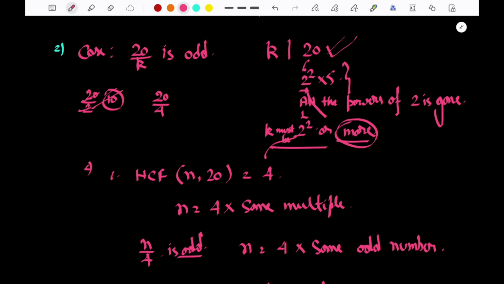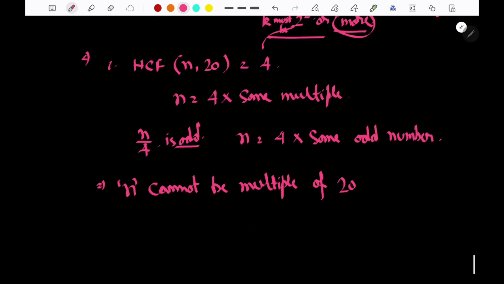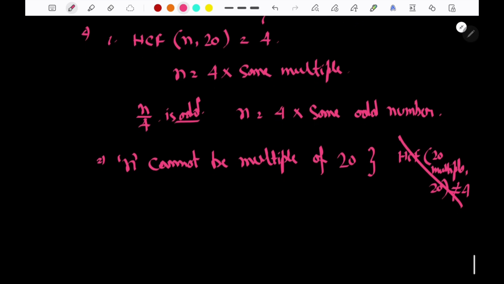That is case 1. HCF of n comma 20 is 4. But if I choose n as a multiple of 20, then HCF of 20 multiple comma 20 will not be 4. So this case will be wrong. So n cannot be a multiple of 20.